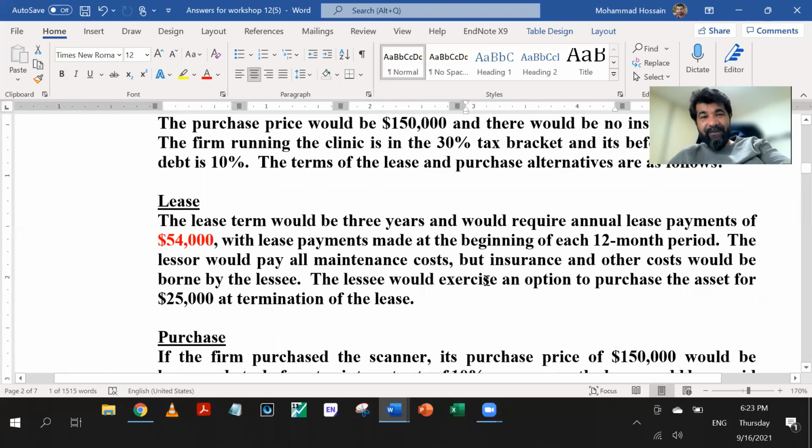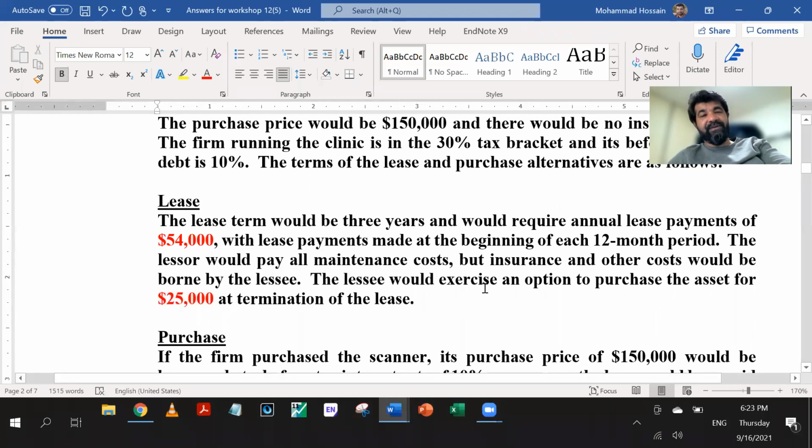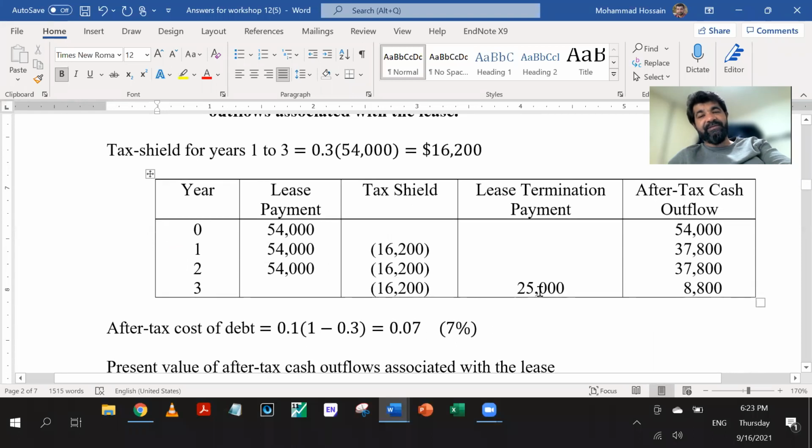Remember it says there, the lessee would exercise an option to purchase that asset for $25,000 at the termination of the lease. After the fourth year, they're going to make a payment of $25,000. So how much will be the after-tax cash outflow? Add them all up, you will know this.